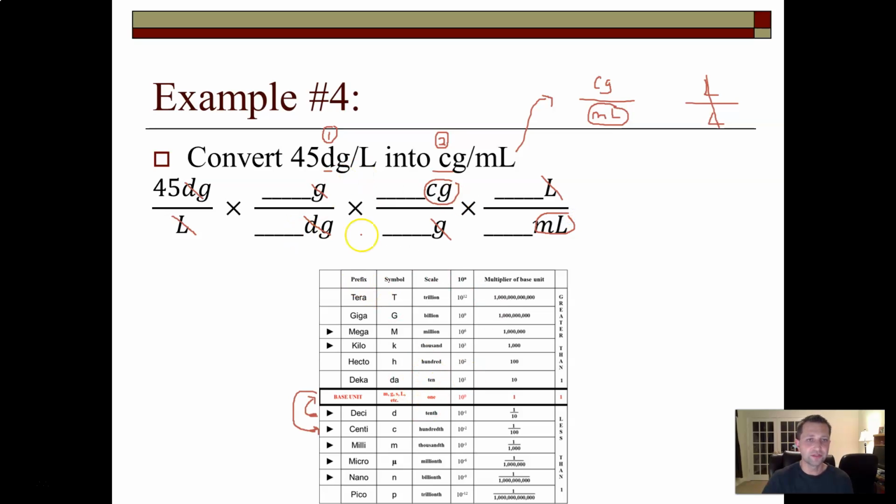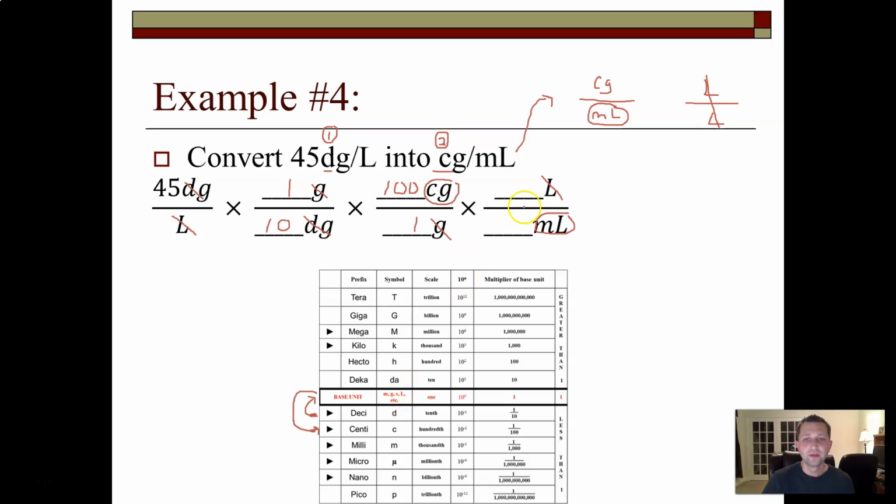Let's fill in our conversions. A decigram is small, so how many decigrams in a gram? 10. A gram is bigger than a centigram. 100 centigrams in a gram. So that's straightforward stuff. Remember, these prefixes underneath the base unit make the base unit smaller. So there's 10 decigrams in a gram, 100 centimeters in a meter, 1,000 milliliters in a liter.